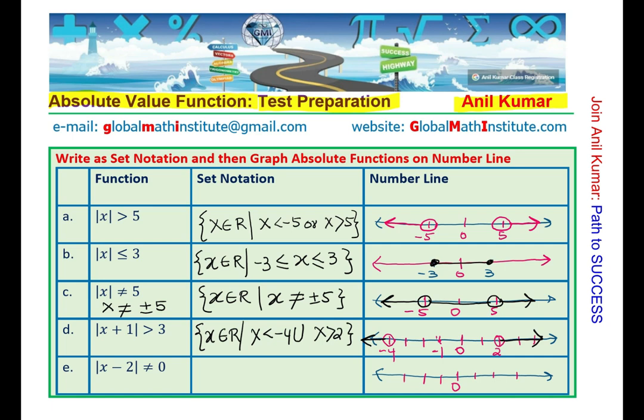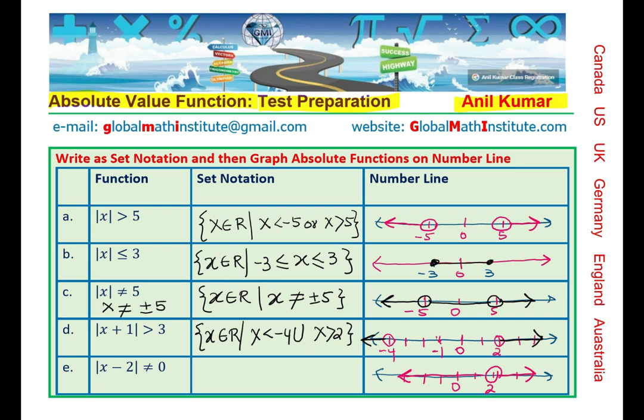So when we say absolute value of x minus 2 not equal to 0, it could be anything, right? But not 0. So it is 0 only at 2, right? So at 2, we have to exclude this particular point, and everything else is included. Make sense?